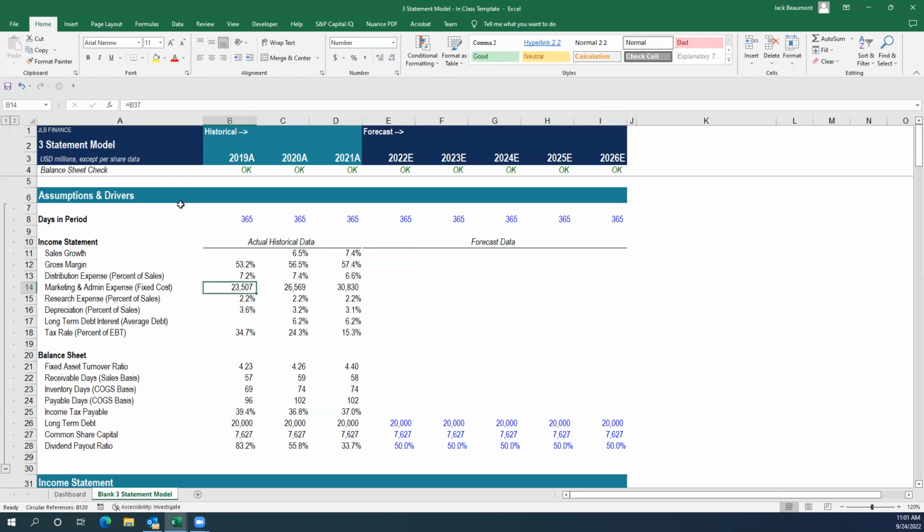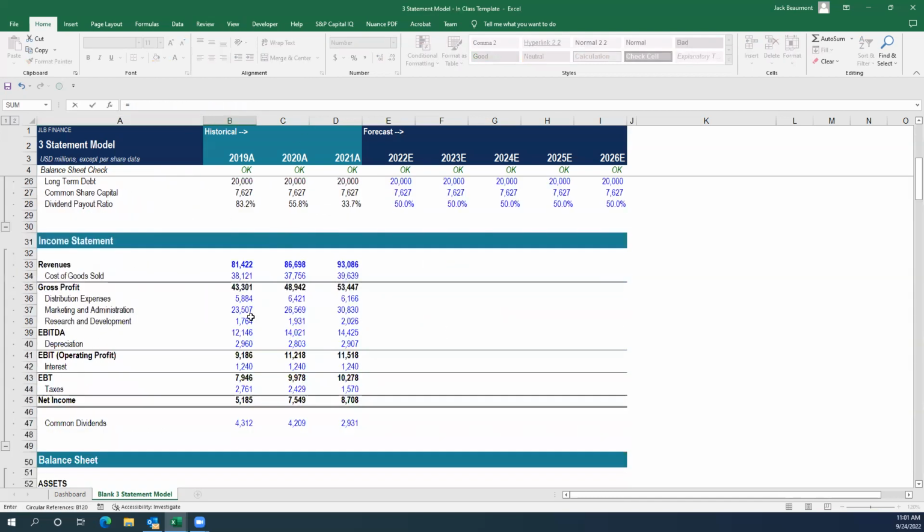There's one thing I want to change here at the moment: I don't want this to be a fixed cost. Actually, I want this to be a percent of sales. So I'm going to go ahead and change this to what we have here, the marketing and administrative over revenue.